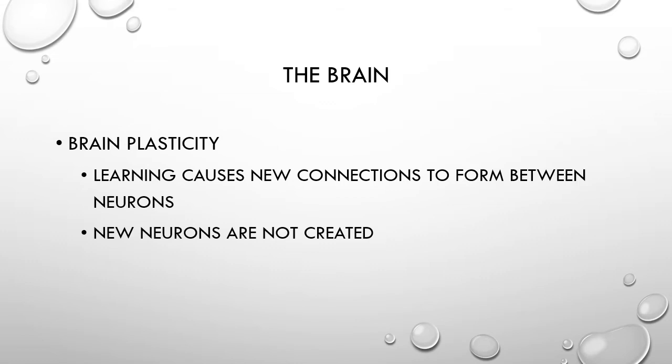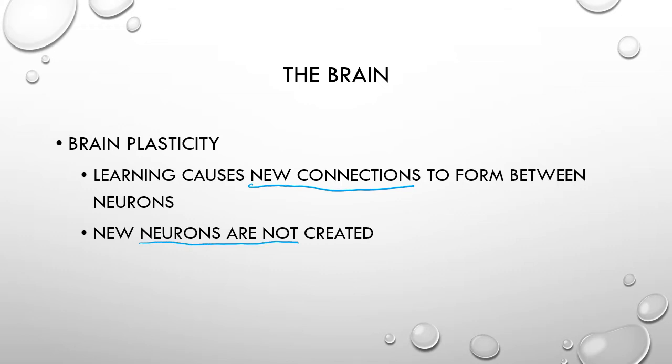The brain itself, when it is involved in things, its ability to learn new information is incredible. And so the brain has great plasticity. This plasticity, this moldability of the brain, is due to new connections, not new neurons.